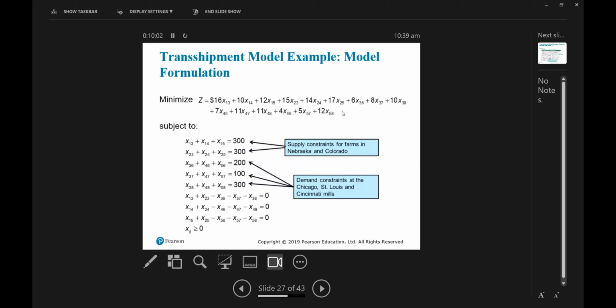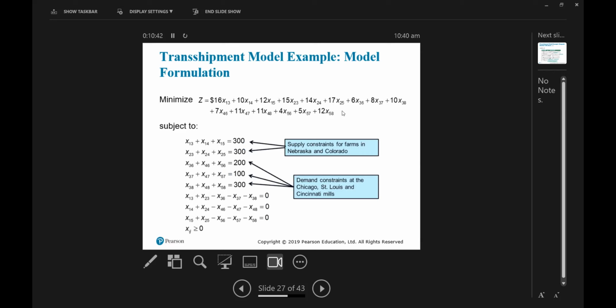Remember, first we had supply constraints, then demand constraints. But we must add what we call the transshipment constraint. The transshipment constraint is that everything from the source has to be transported to the transshipment points.